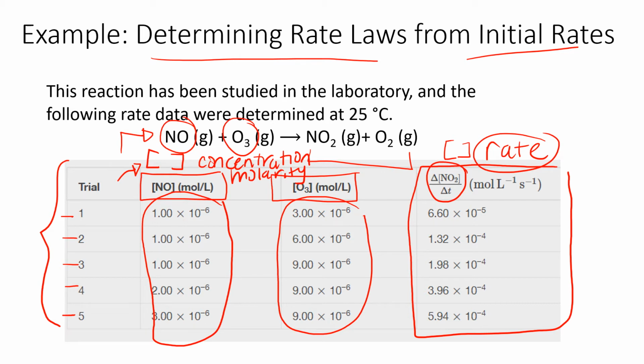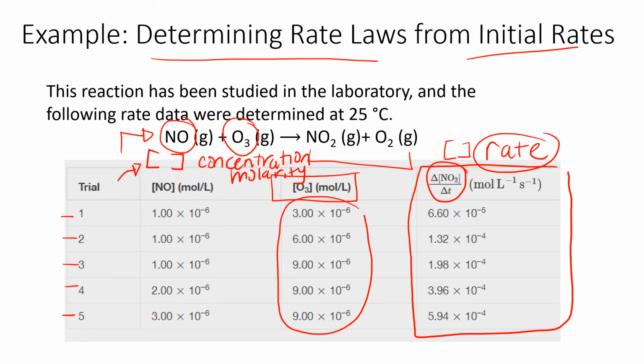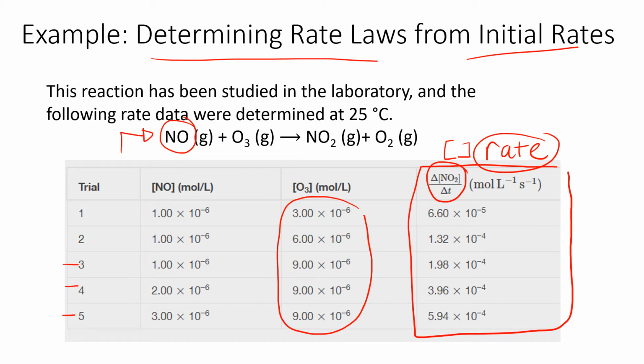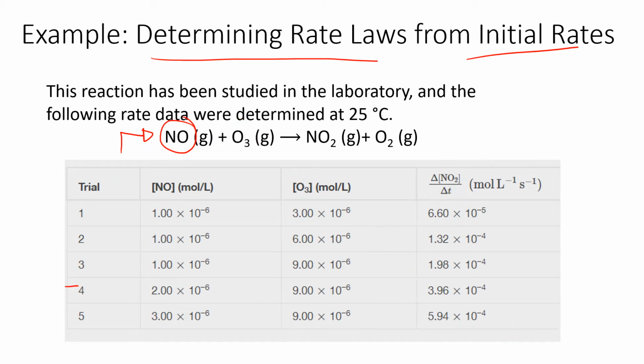So what you're going to do for this lab or for any initial rate method example problem that you have to do, you always start off with one at a time. So let's say we wanted to determine the overall order, because that's your main goal, to determine the order of everything that you're working with.